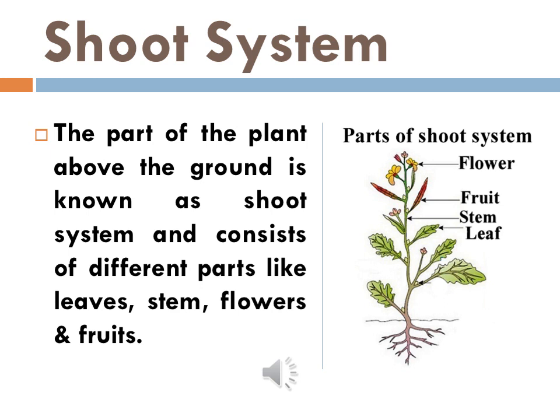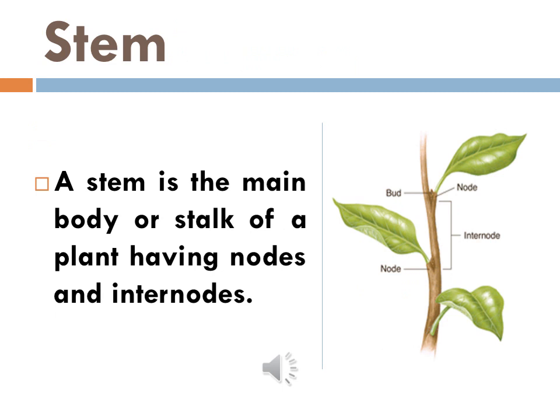In the diagram given at the side, you can see the different parts of the shoot system. As we have already discussed, the shoot consists of stem, leaf, flower and fruit. So we will study these parts one by one.